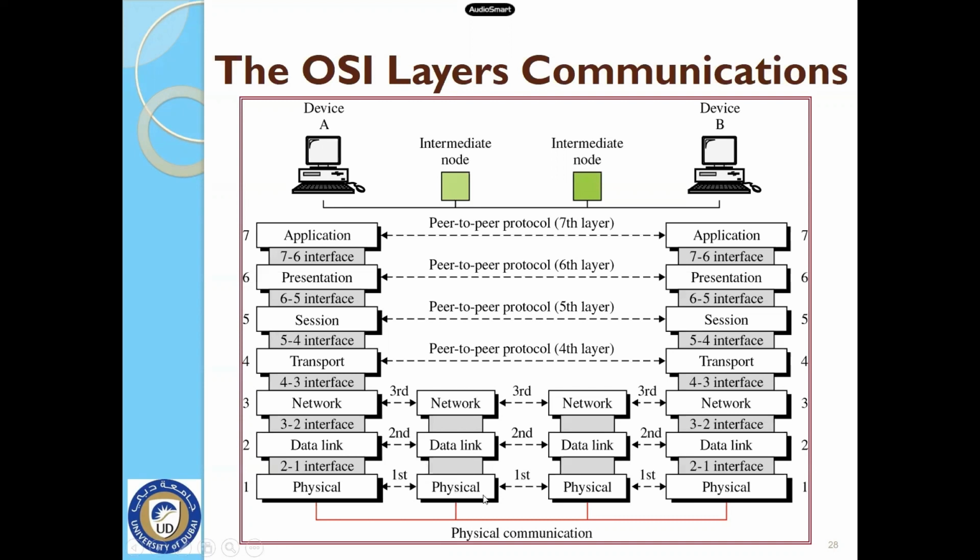So usually think of a router as a point like this. This is the router, consisting of these layers only. Another router, and at the destination, it will receive, and it's going to go back in reverse order: physical, data link, network, transport, all the way to the application. And with this, you completed the communication.